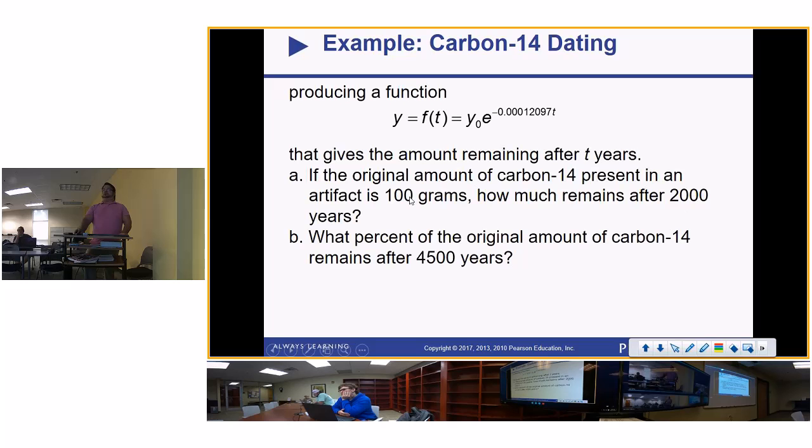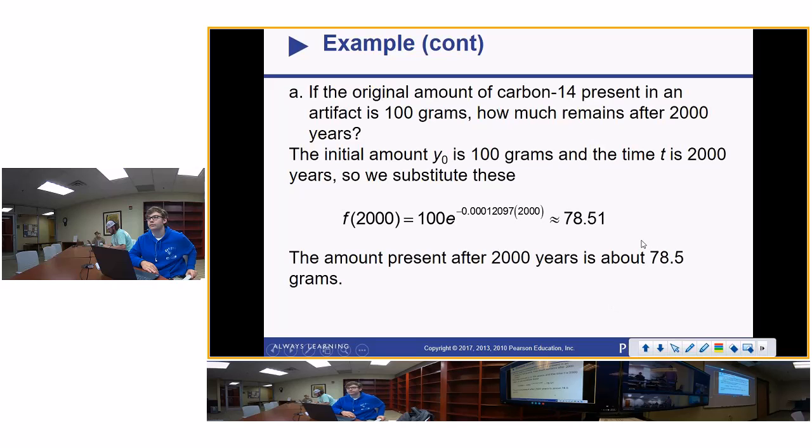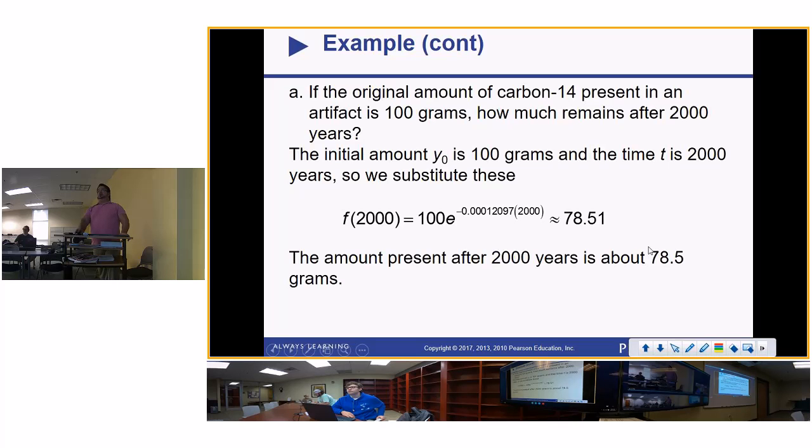You would plug that 100 in right there, and set it equal to 2,000. So after 2,000, you have 78.5 grams. So that's how you solve those. You plug in the 100 and you plug in the 2,000.